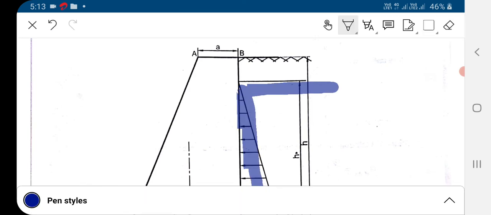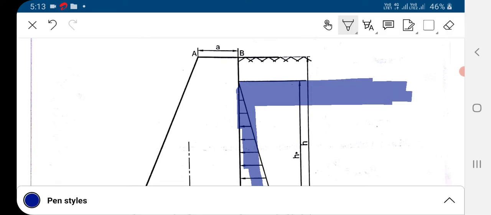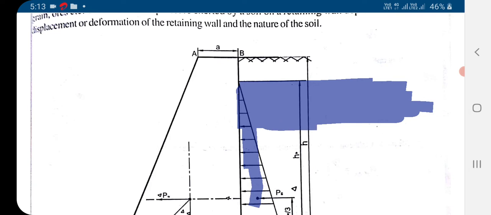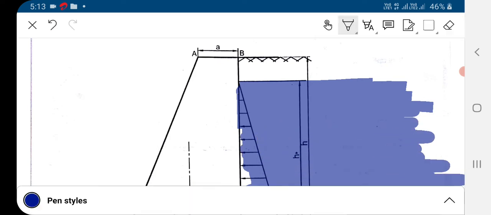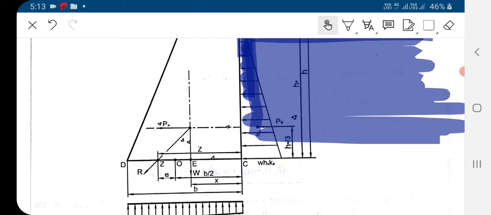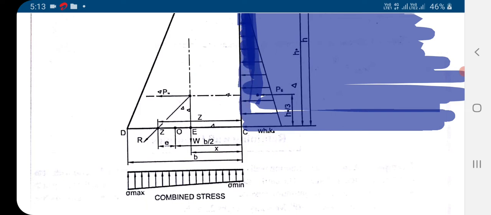The soil is dumped in the retaining wall up to this height, just like a dam. In the dam there is water filled up to this height; in this there is a soil dump up to this level.